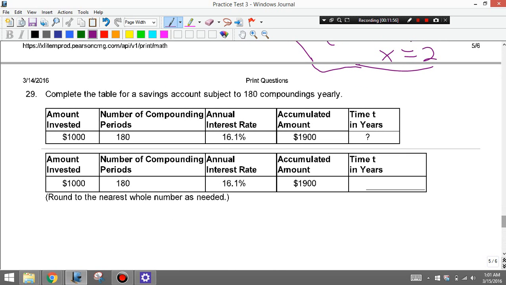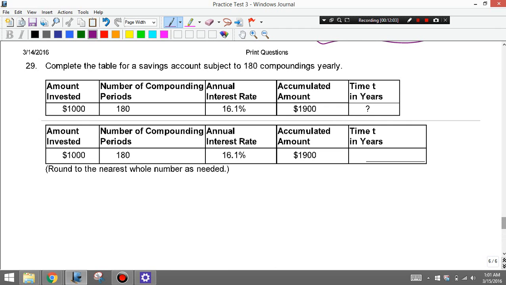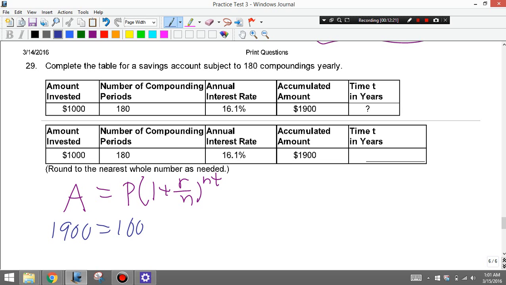We're looking for the time. We'll do this very carefully. Oh, good. We have the space too. So we know that A equals P times 1 plus r over n to the nt power. We'll just replace all of these things. A is the amount accumulated, 1900, equals 1000 times 1 plus 0.161 over 180 raised to the 180 times t.